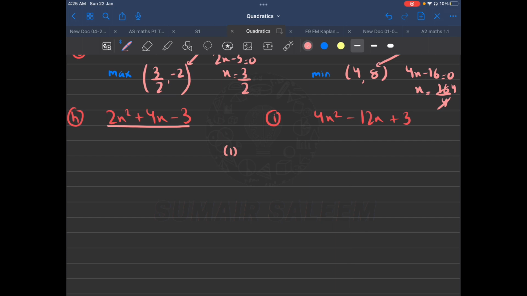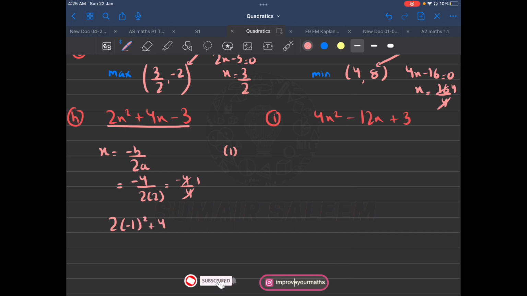So what's the shortcut of finding a turning point directly from a quadratic equation? x is equal to minus b upon 2a. What's b? 4. So it's going to be minus 4 upon 2 into 2. That makes minus 4 upon 4. That's negative 1.